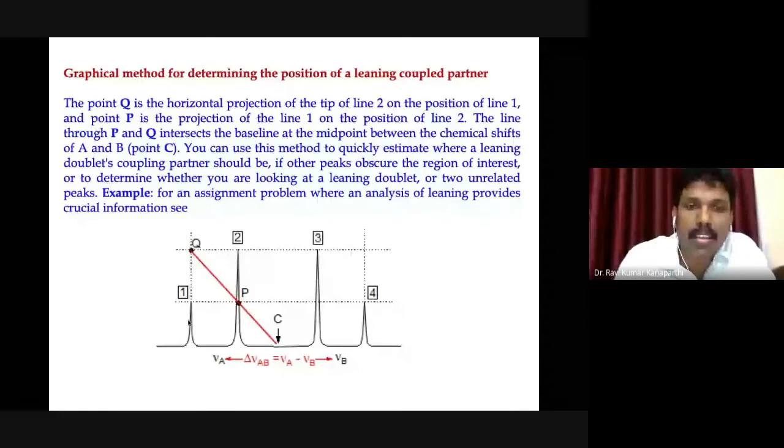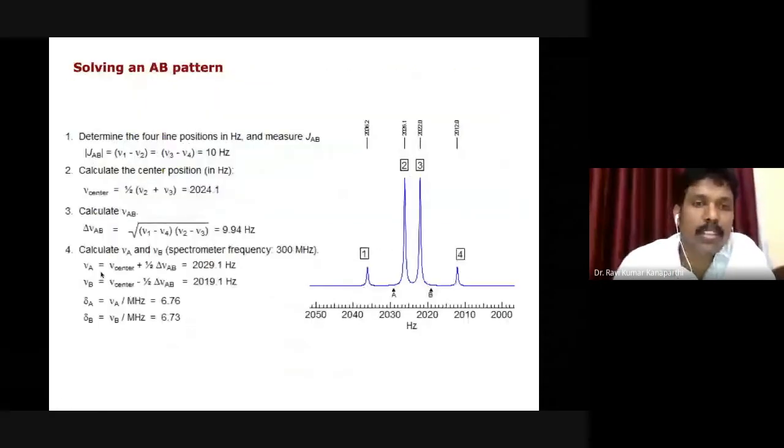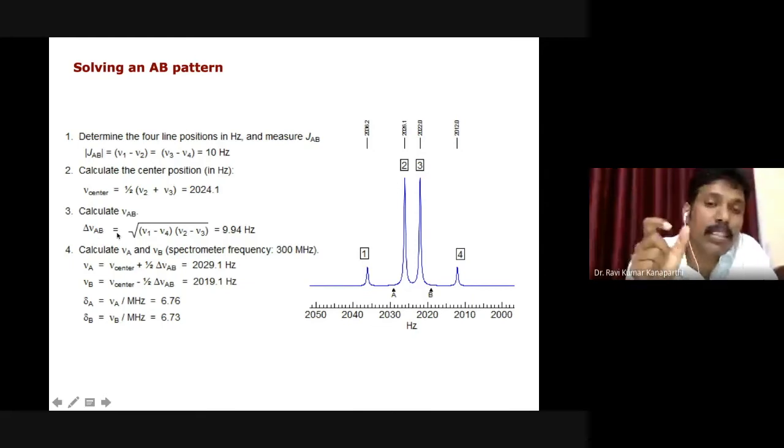Or else you can follow this formula: square root of (ν1 minus ν4) multiplied by (ν2 minus ν3). This you calculate. Basically this Δν AB is the center position of that AB quartet.